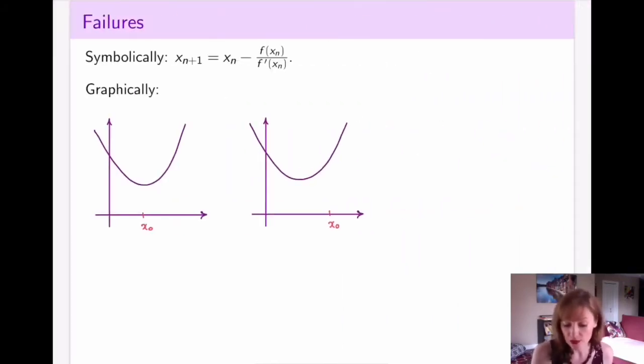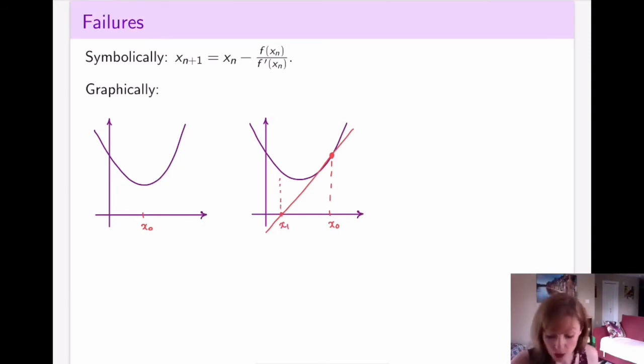The next failure would be an interesting situation like this one here, where I pick x naught, I go up to the function, and construct myself a tangent line. Let's say something like this. Let's pretend it's tangent. This is my next approximation, and the method will repeat itself.